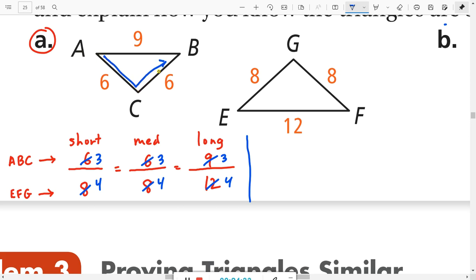So it's going to be ACB. And then I'll just do the same thing here. Past the 8 and then past the 8 again. So that's going to be EGF. And those are similar by SSS.